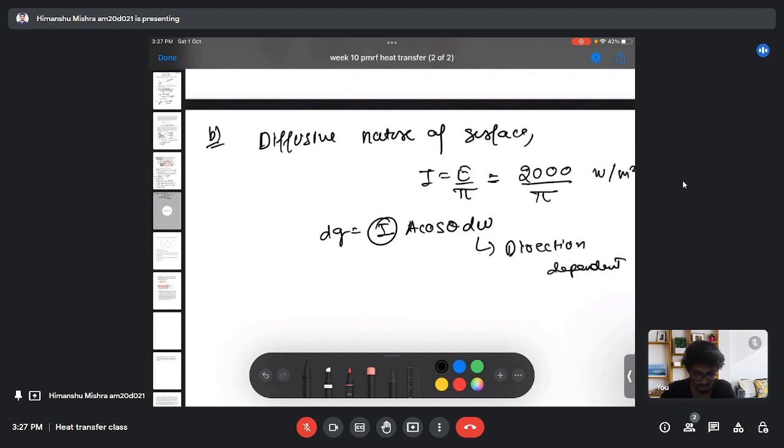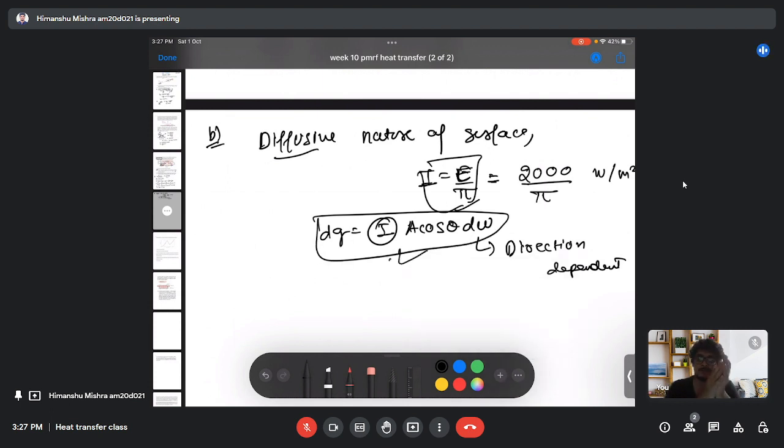But since the surface is diffusive, which is mentioned in the question, it doesn't matter from what direction we are considering. The intensity will always be the same in all directions. So we can use just a simple relation here for the diffusive nature. This relation actually comes from this relation itself. When we integrate this relation in theta, we are removing the directional dependence.